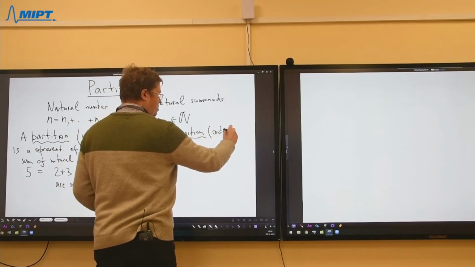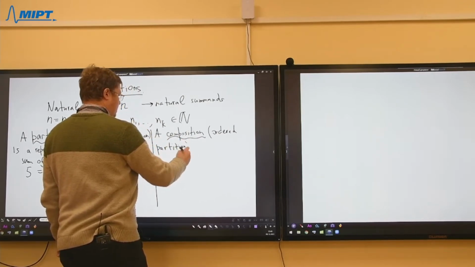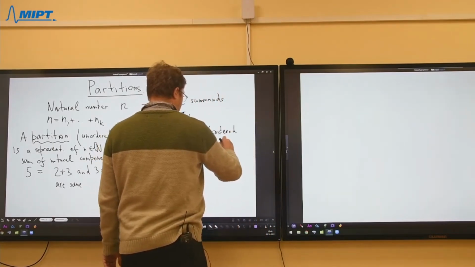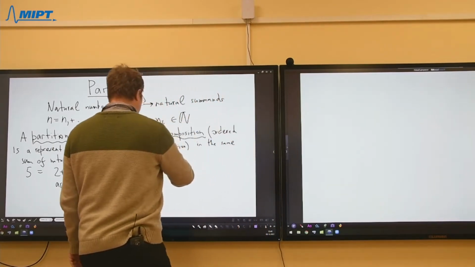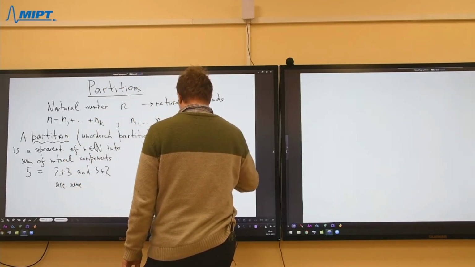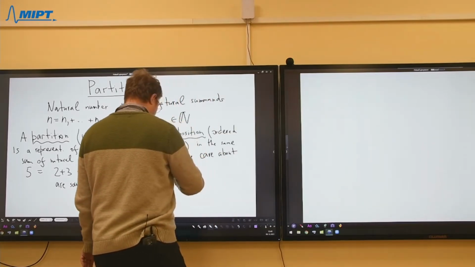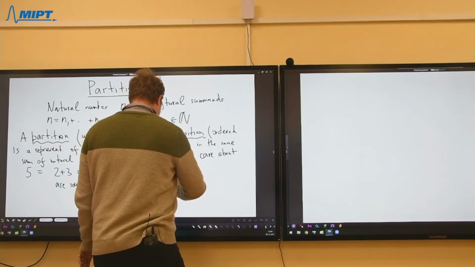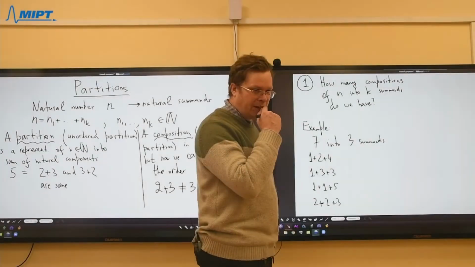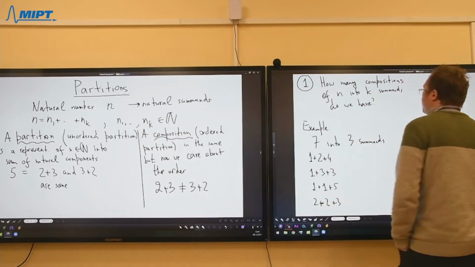It is the same, but now we care about the order. So we say that 2 plus 3 and 3 plus 2 are different. Okay. So the first question is how many compositions of n into k summands do we have?